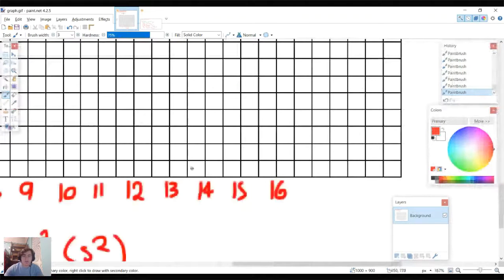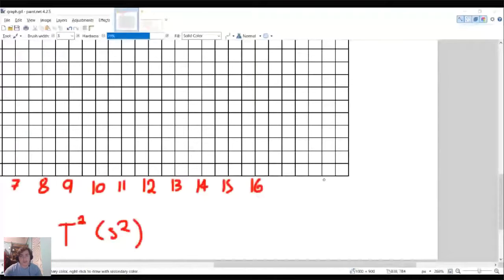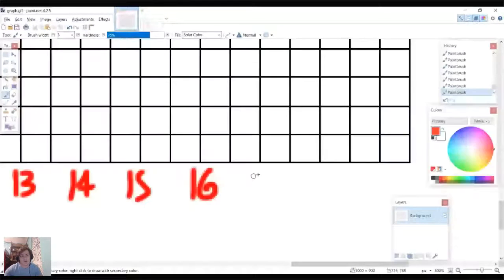We have some extra space. What should we do with it? Let's keep on labeling it. Another thing you'll lose points on is if you don't label the entire thing appropriately. And again, it's a dumb thing to lose points on.